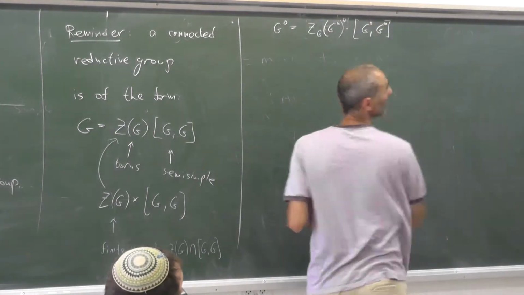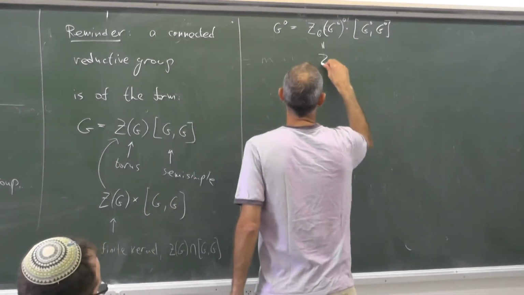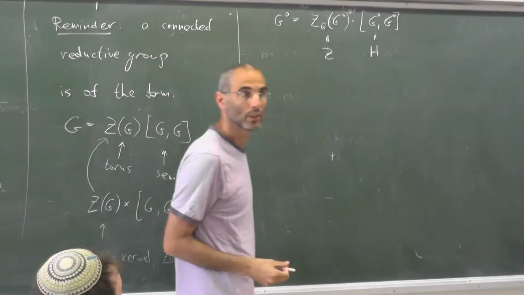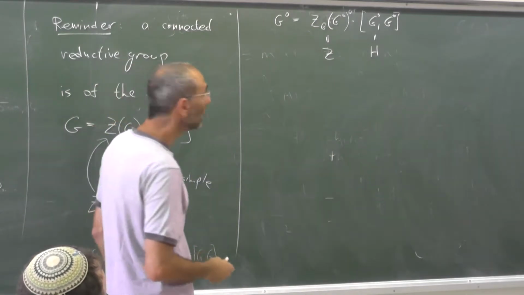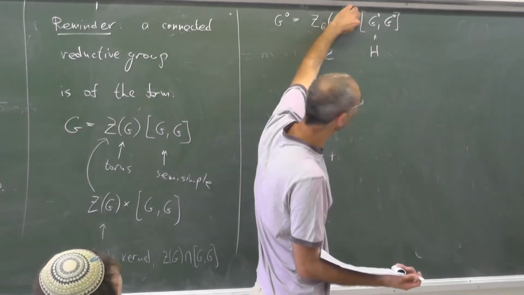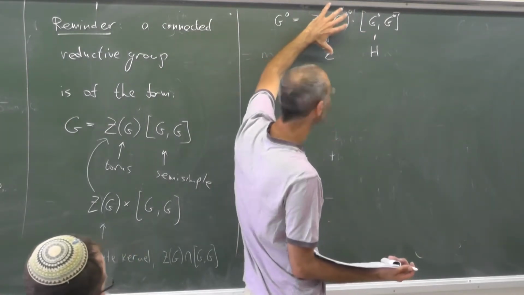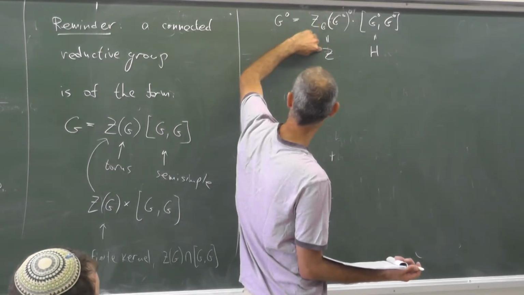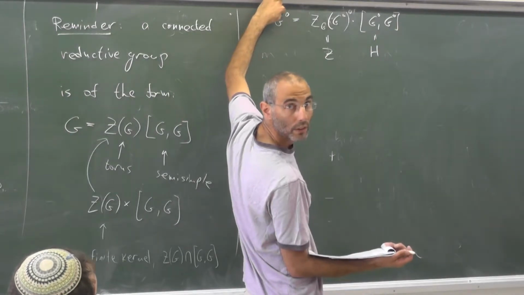So this I will denote Z, C. And this is H. So the connected component splits nicely. And of course, then our group G is generated by this H and this, and I'm left with this, but also I have this finite group that I'm not seeing here. Right.